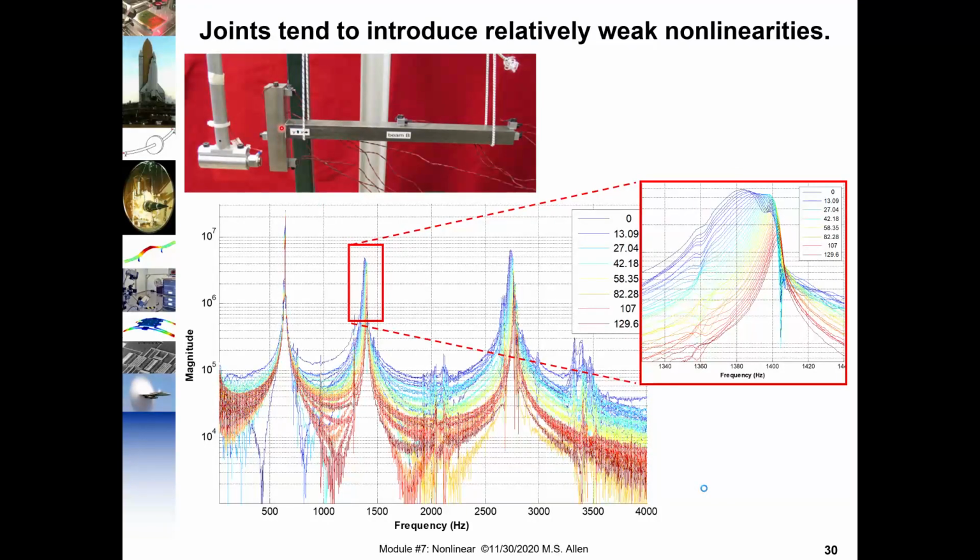Here's an example measurement, and we'll talk more about this in a minute, but the basic idea is if you think of a natural frequency, as vibration amplitude goes up, you get that natural frequency decreasing due to the decrease in stiffness as the joint slips. But that decrease tends to be pretty small. And the modes tend to remain uncoupled, and we don't see a lot of higher harmonics. We don't see a lot of the crazy phenomena that we saw with the other structures.